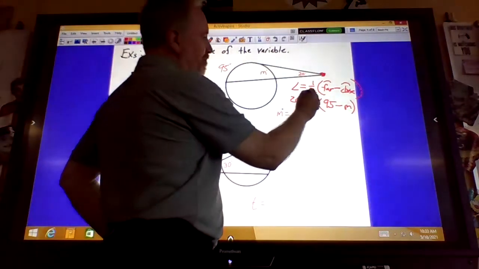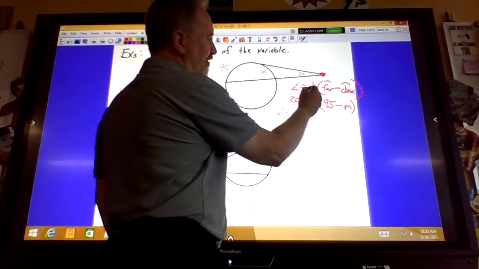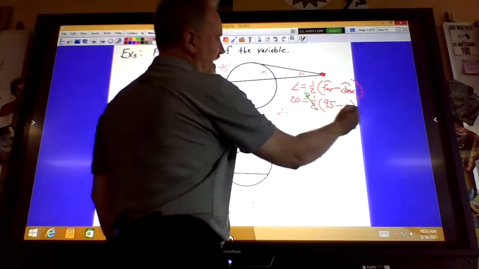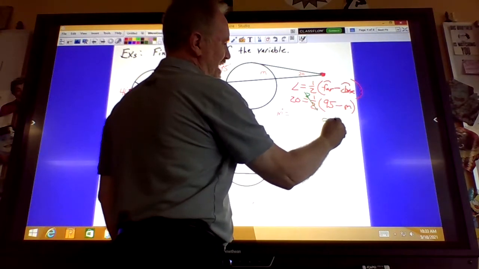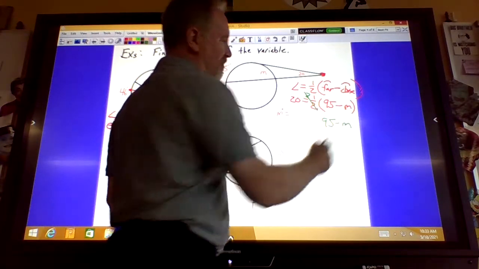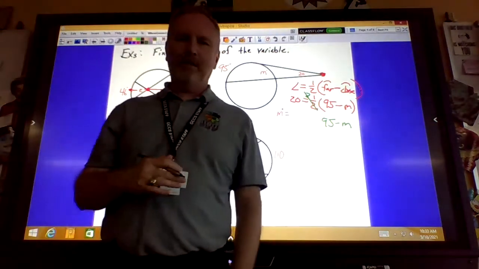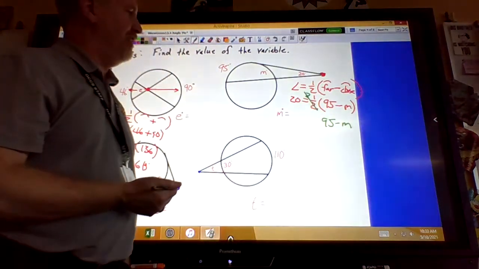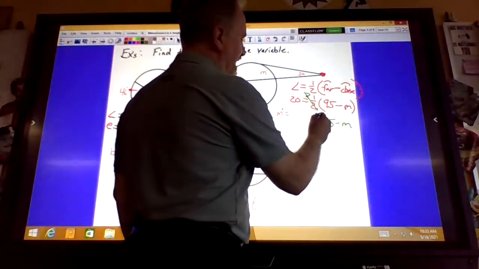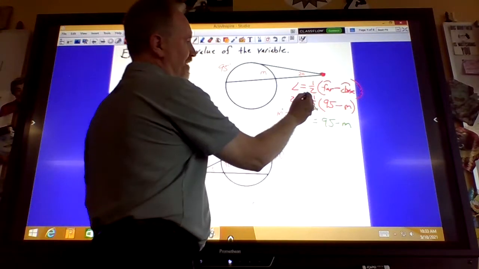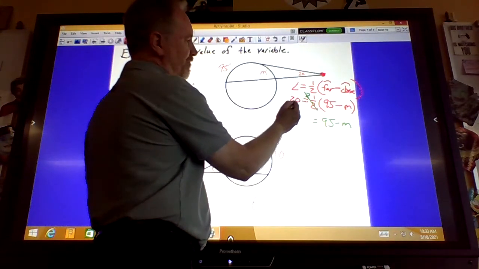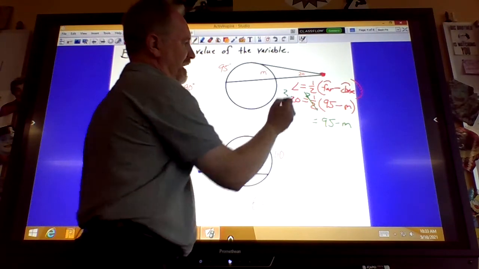So when I multiply this half by a 2, it literally cancels out the fraction, and then I'm just left with 95 minus m. And to me, that's way easier to deal with than cutting the 95 in half and then having a half of an m. Now, the other side of that, literally, is if I multiply this side by 2, I've got to be equal, I've got to be fair to the 20 and multiply it by 2.